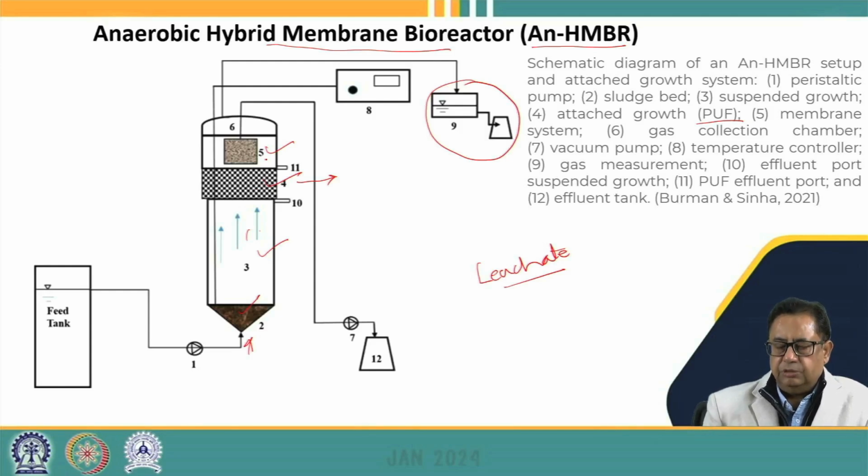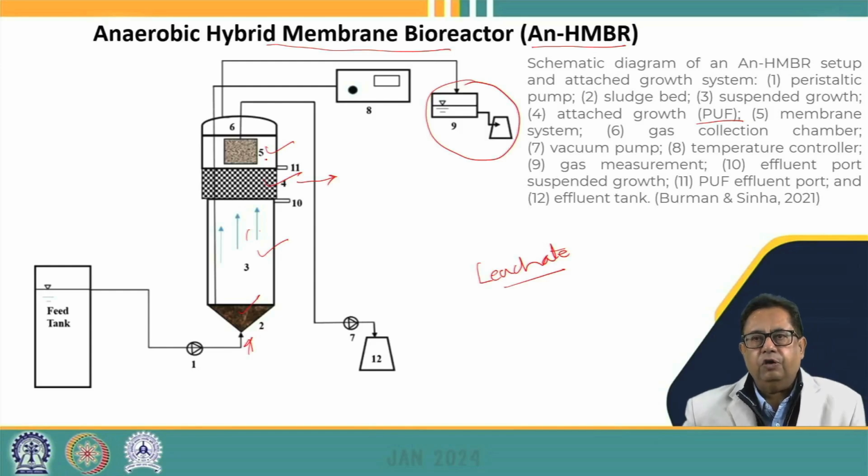Such systems are also being used, and it has been found that raw leachate can be treated by such a reactor with an efficiency of more than 80%. These are quite robust systems that are now being developed, and they are in research.